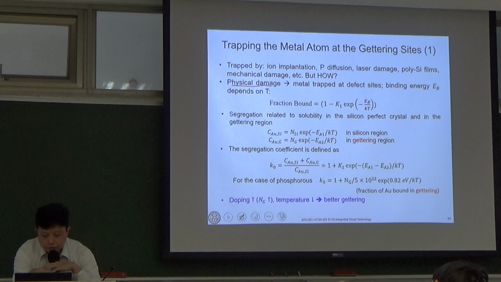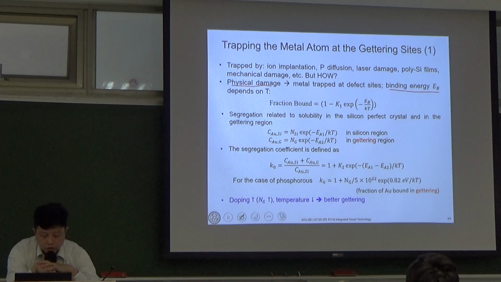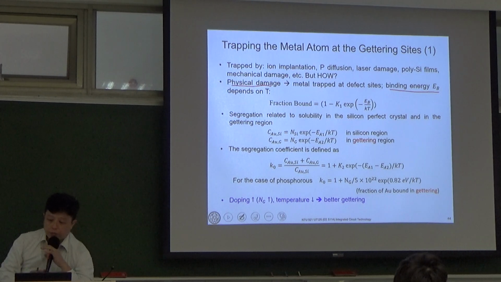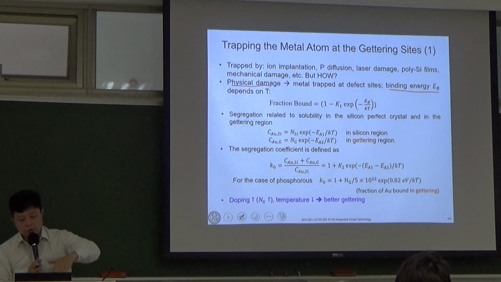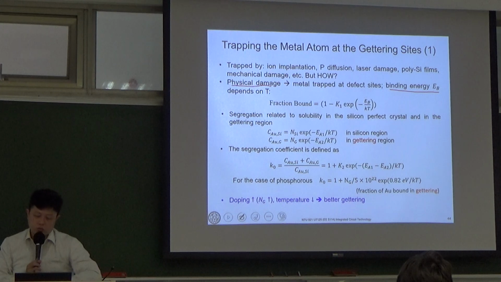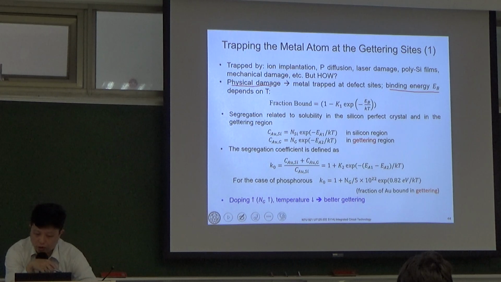And this physical damage can trap this metal, and we can use this binding energy EB to describe this process. It's like a trap, right? Once you have metal get into the trap, there's no way to get out of this trap.